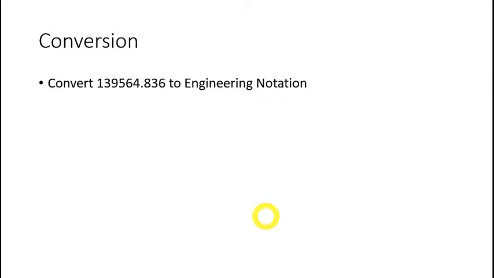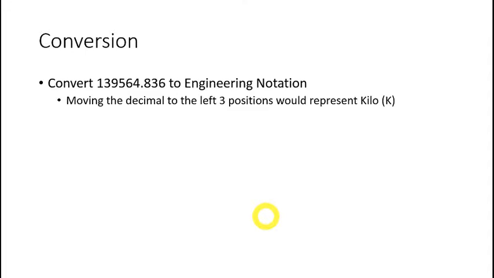So let's convert this number to engineering notation. Okay, now we have more than 3 whole numbers to the left of the decimal point, so we need to resolve that. That's the first thing we're going to do, see if we can get it down to 1, 2, or 3 numbers to the left of the decimal point. So I'm going to move this over 3 positions to the left.